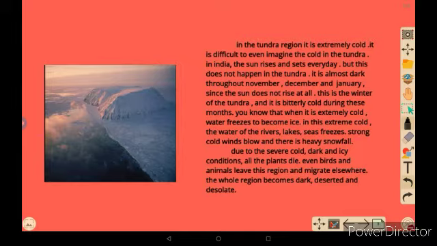If there is that much coldness, how can a plant grow there? All the animals and birds leave the tundra region and migrate elsewhere to be safe.